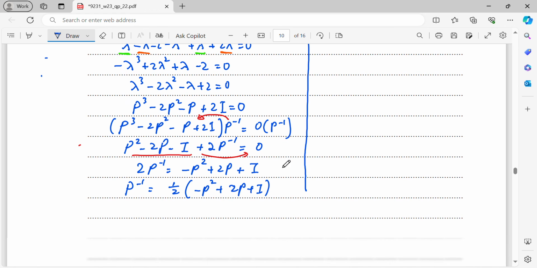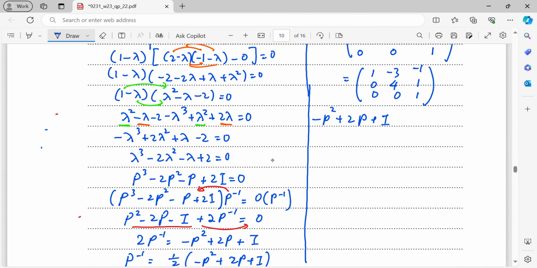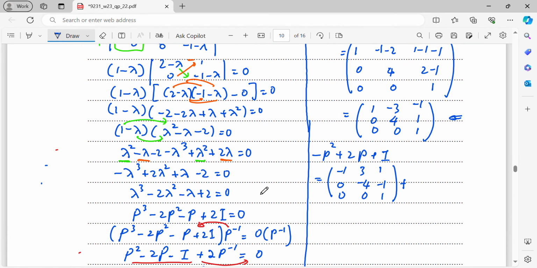And now I need to calculate minus P squared plus 2P plus I. So minus P squared is times minus 1 to this whole matrix, plus 2P, so times 2 to this matrix, right?